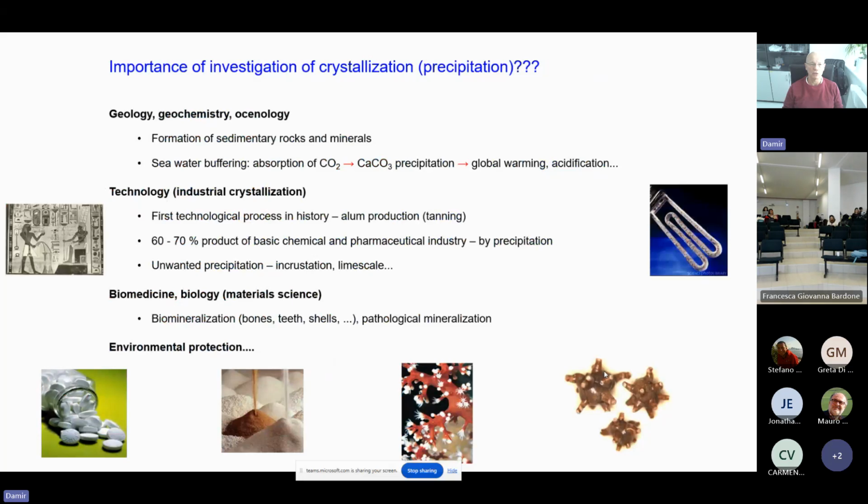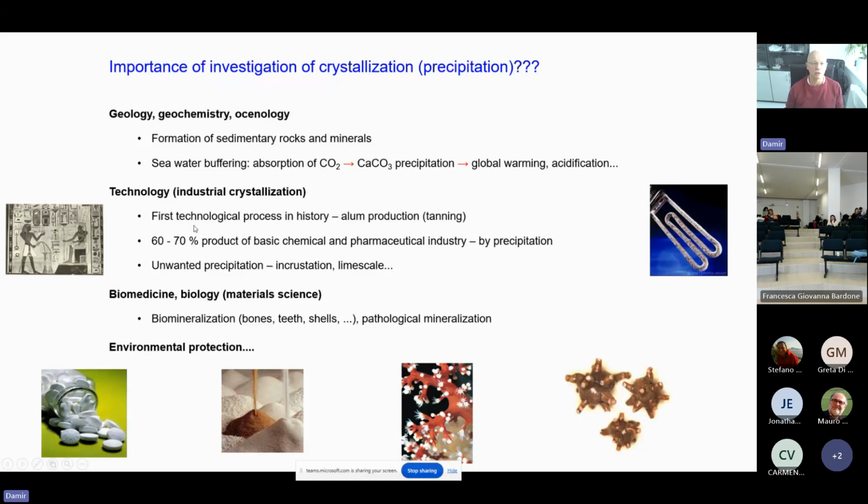Also, in geochemistry, seawater buffering is very much related to calcium carbonate precipitation, which has also implication on global warming and all these things we are talking now about environmental protection. Precipitation is important in technology.